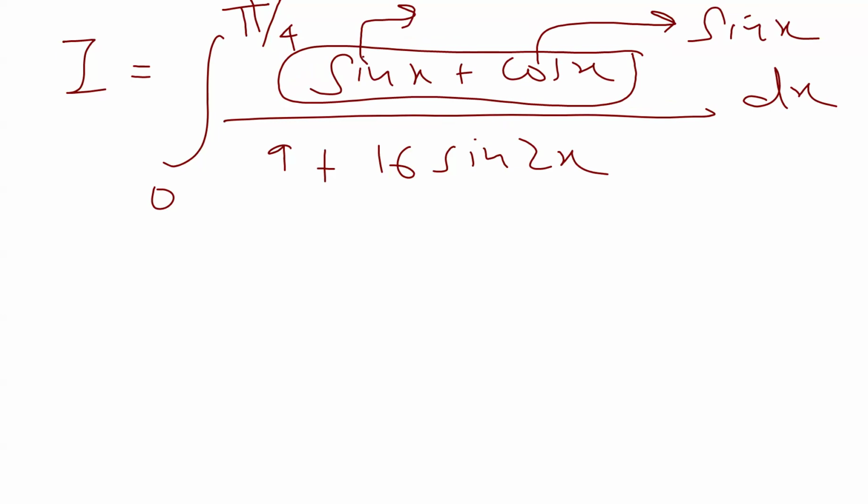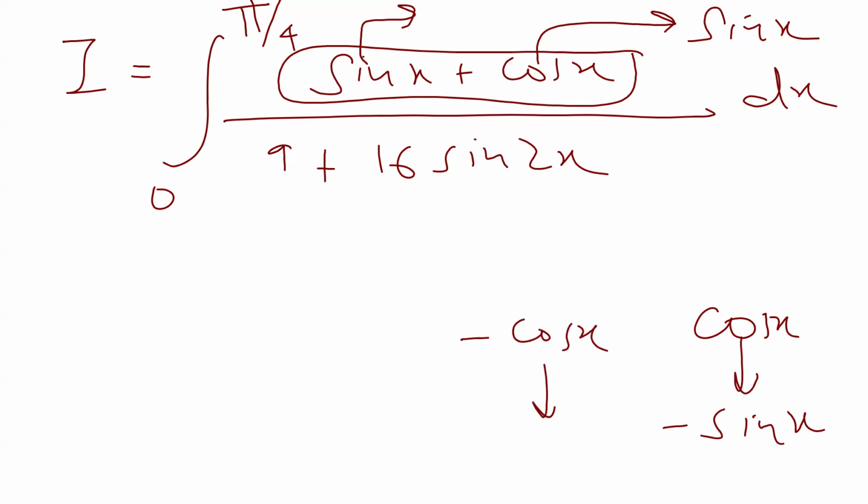No, the derivative of cos is minus sine. So what is the derivative of minus cos? It will be sine, right? So this is the derivative of minus cos. So the entire upper term is the derivative of sin x minus cos x.